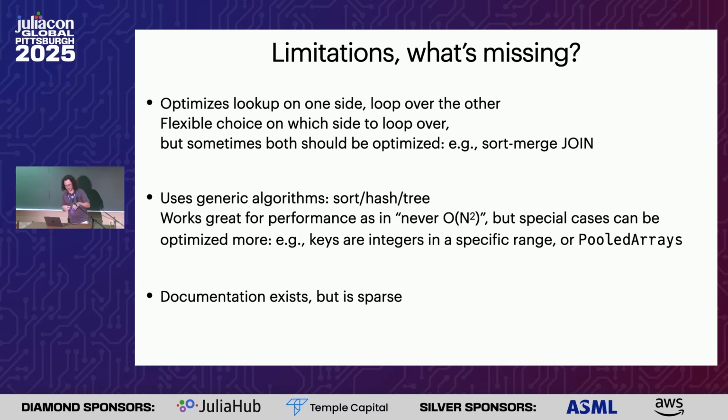It will still be hashing, for example, or sorting, but it can make the joining several times faster for some cases. This is actually the reason why DataFrames is faster, because they have a lot of special cases, so many that I think many cases now happen to be special for DataFrames, but only for equality joins. So also regarding documentation, not a very uncommon issue, I would say, in Julia packages.